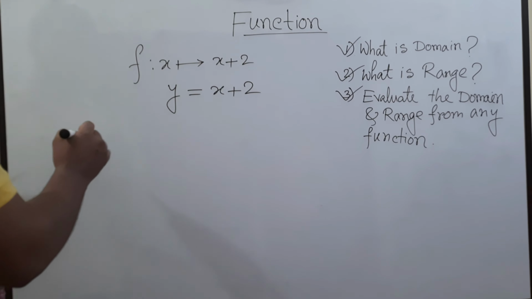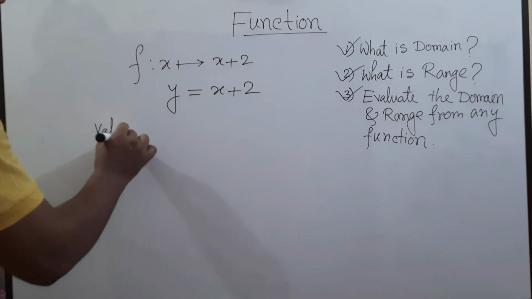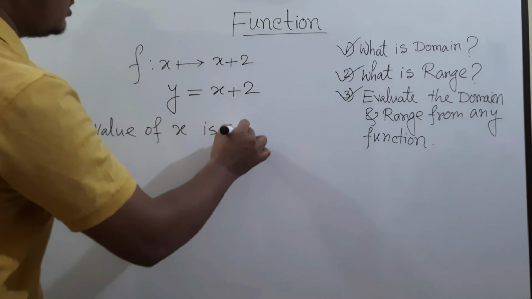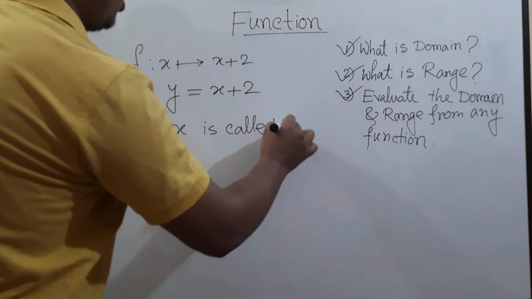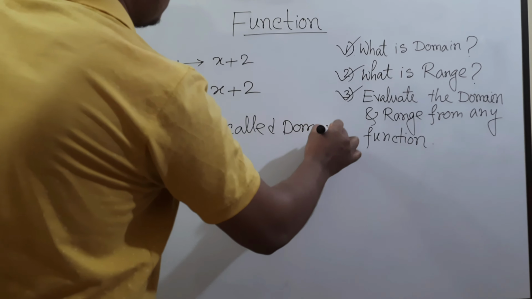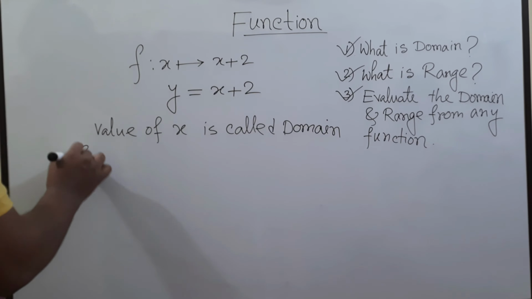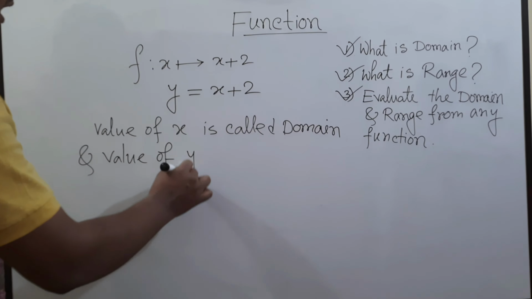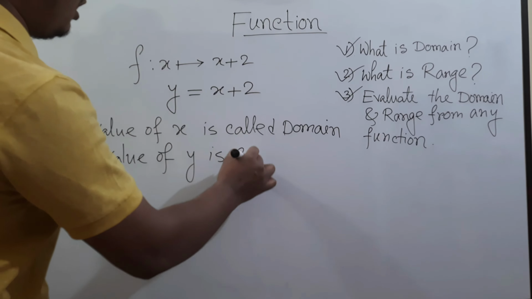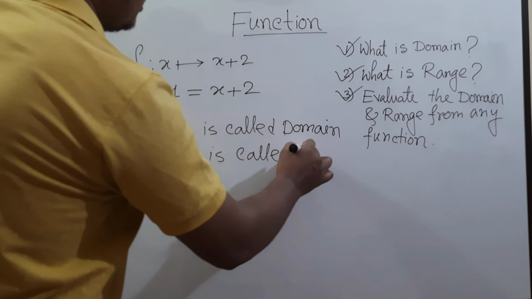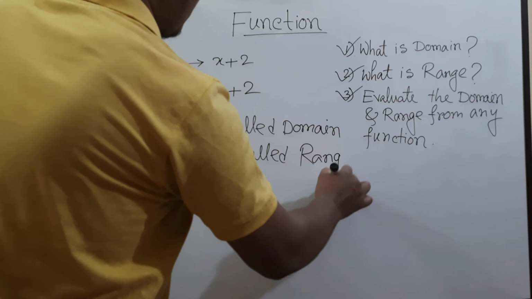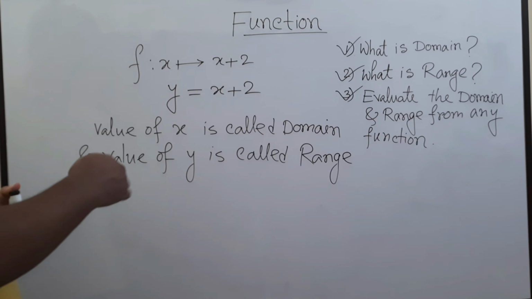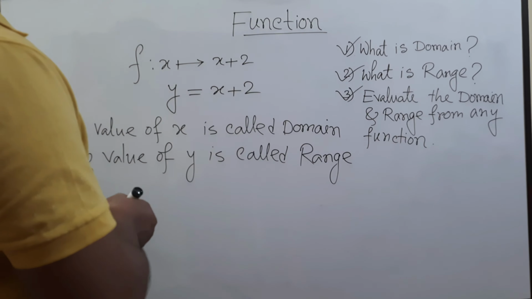So here the value of x is called domain and the value of y is called range. That means the input of this function is called domain and the output of this function is called range.